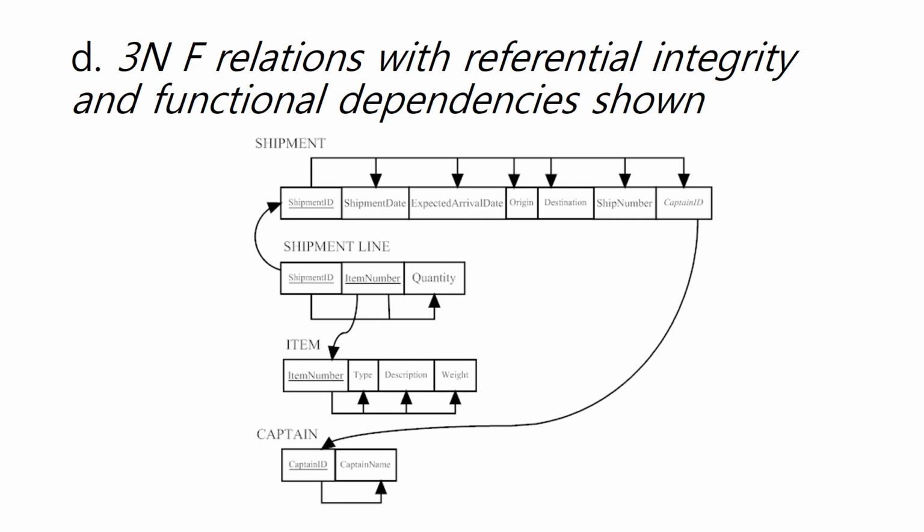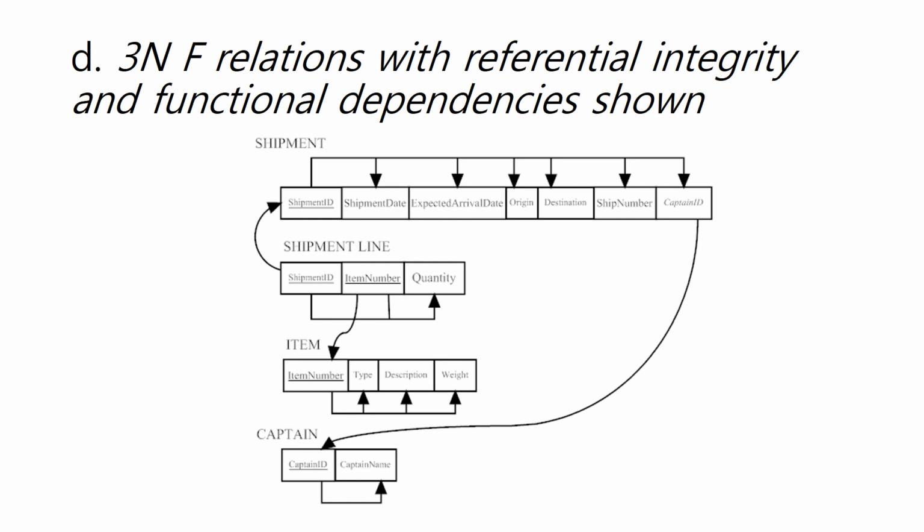D. Draw a relational schema for your third normal form relations and show the referential integrity constraints. You can see there is referential integrity between shipment ID in the shipment table and shipment ID in the shipment line table.